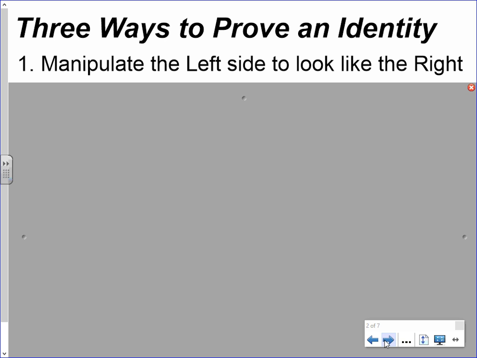You can take the left side and manipulate it until it looks like the right side. And when I say manipulate, I mean what we did in our homework last night. Use trig identities in combination with some algebra to change the way that it looks.